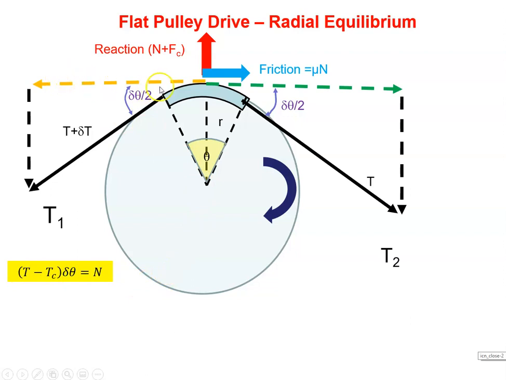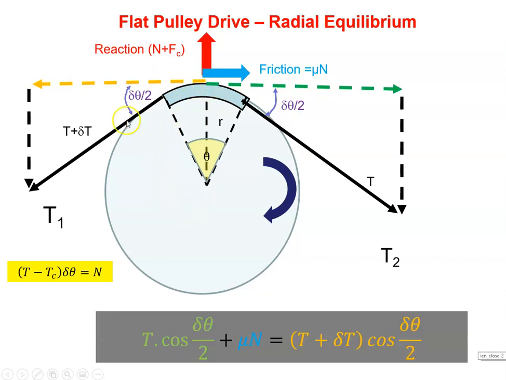Now if I look at the horizontal components, if I take this side first, there's my tension T. So T times the cosine of d theta over 2 is equal to this value, and T plus dT times the cosine of d theta over 2, so this here, is equal to this value.